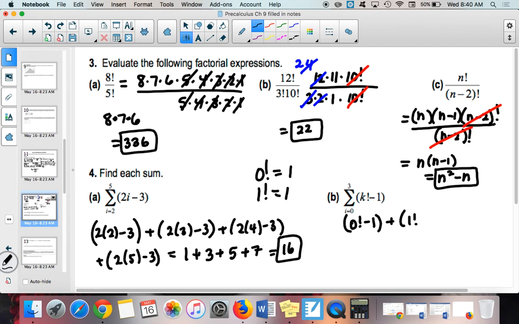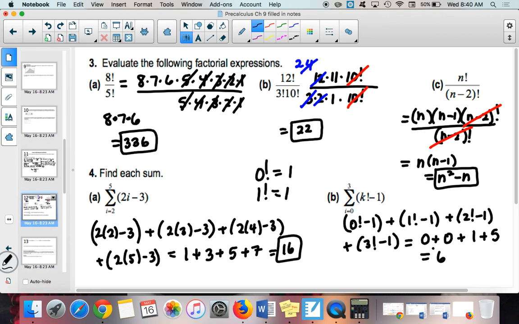All right, so the first one, so we have 0 factorial minus 1. Then we're going to have 1 factorial minus 1. We're going to have 2 factorial minus 1. And we're going to stop with 3 factorial minus 1. So 0 factorial I said was 1, so 1 minus 1 is 0. 1 factorial is also 1, so 1 minus 1 is 0. What's 2 factorial? 2, so 2 minus 1 is 1. 3 factorial? 6. 6 minus 1 is 5.